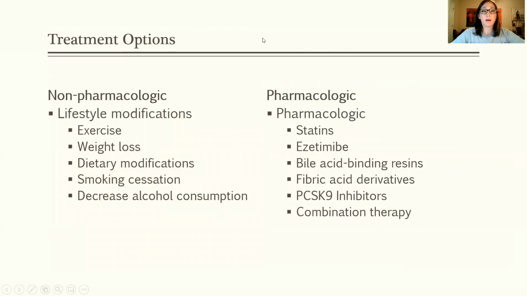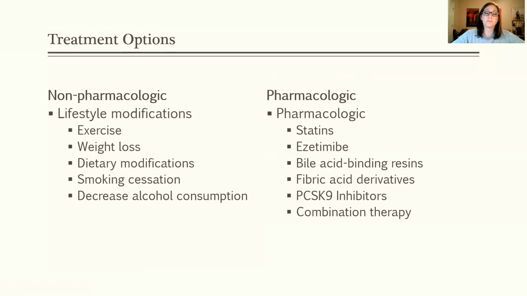When you're looking at treatment options initially with hyperlipidemia, you want to try lifestyle modifications, at least for a 3-month trial before you move into medication management. A lot of times individuals can change things within their life that can decrease their cholesterol, such as exercising, which is heart healthy, losing weight, making dietary modifications, moving towards a healthier diet, and decreasing the amount of saturated or trans fats that they're taking in.